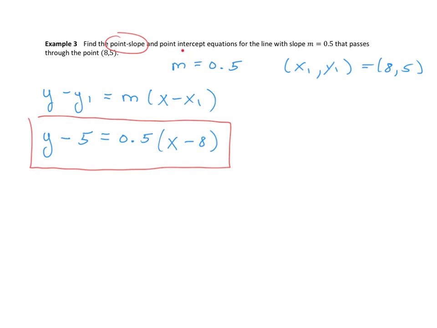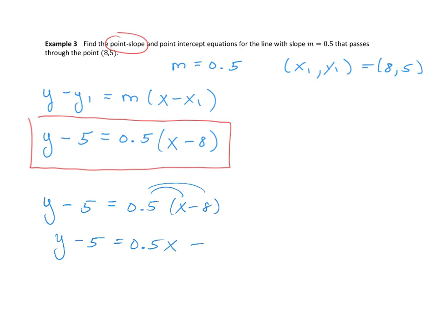So how do we actually get the slope-intercept form? To do that, basically what we can do is distribute in the 0.5 and add 5 to the other side of the equation. So let's try that. Again, we have y minus 5 is equal to 0.5 times x minus 8. If we first distribute in the 0.5, we get 0.5x minus, 8 times 0.5, half of 8 is 4.